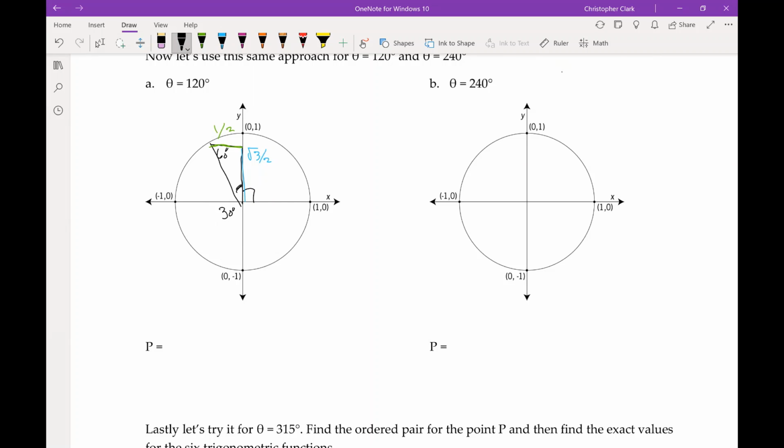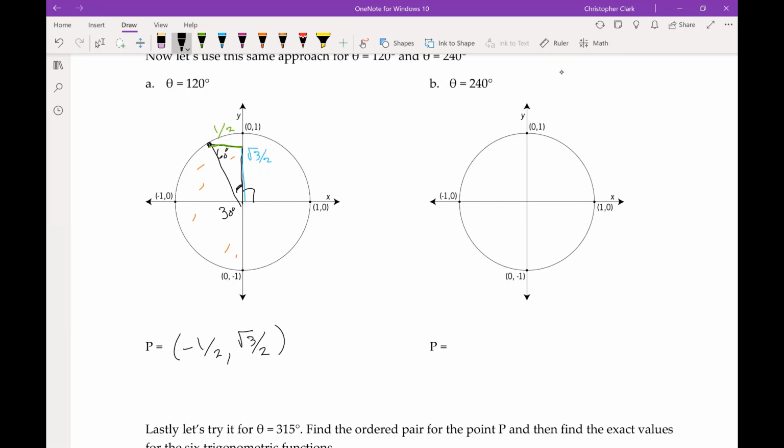So what is this point? Well, in this case, we had to move in the x direction negatively, right? Anything on this side is negative for the x, so this point is going to be negative 1/2, and then we had to move up root 3 over 2. So we know what this point is exactly.